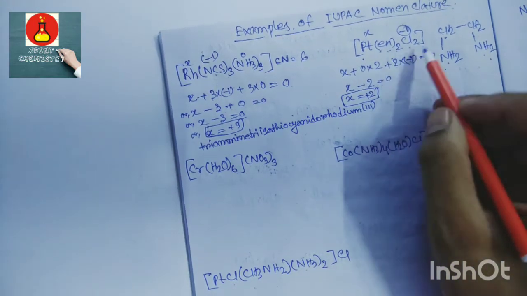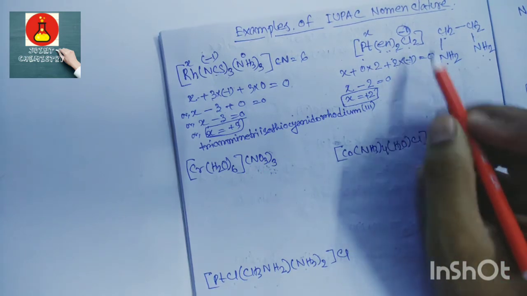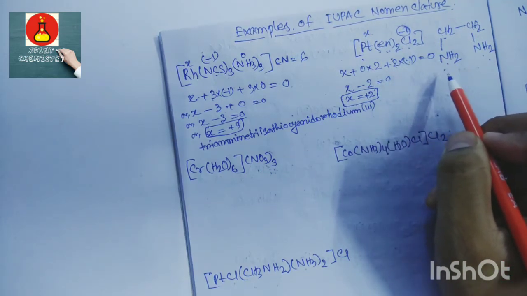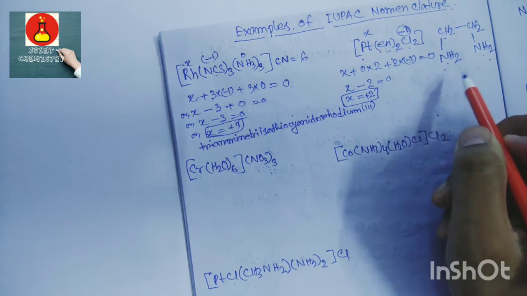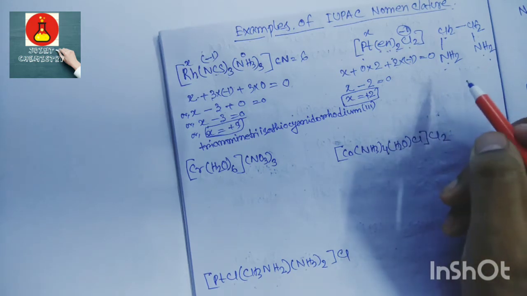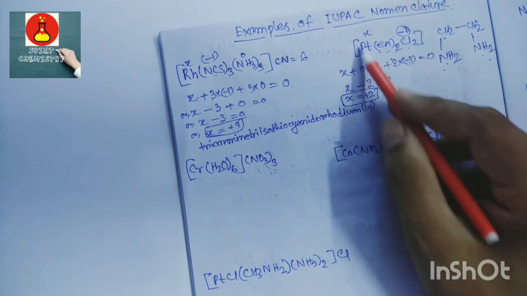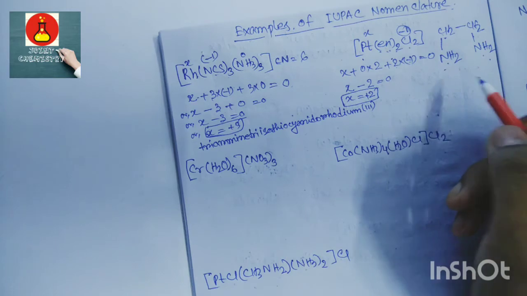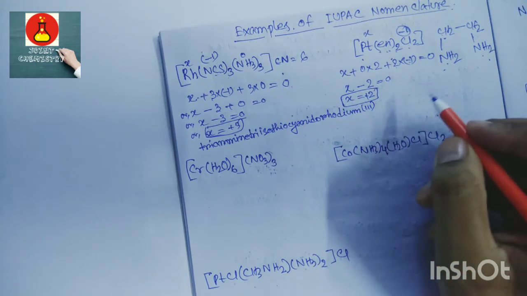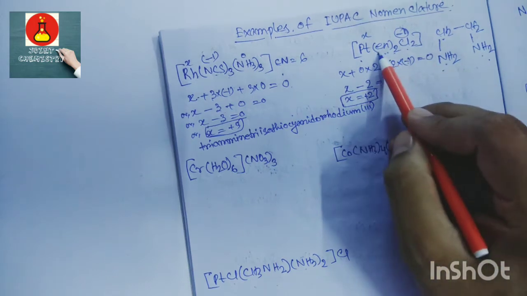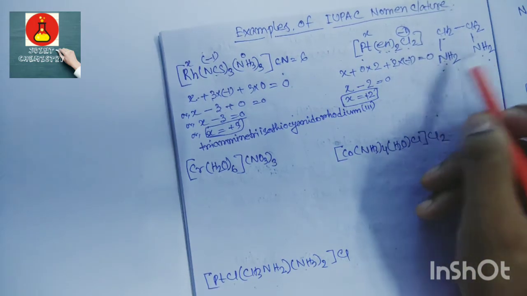Again, the coordination number. Now what is coordination number? The coordination number is the total number of donor sites of the ligands, or the total number of donor atoms in the coordination sphere. This is known as coordination number. I told you in the first video. Now here the 2 ethylene diamine are there, each of them has 2 donor sites, right?